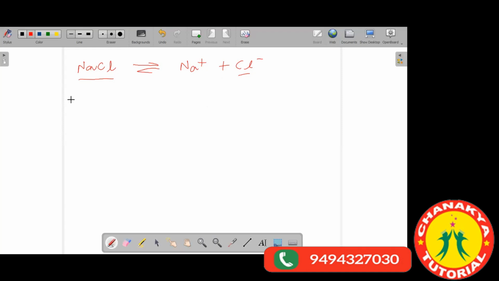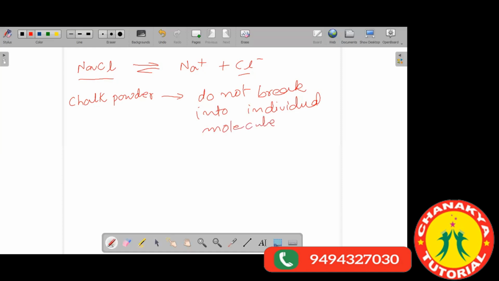But if I take chalk powder, the particles of chalk powder do not break into individual molecules. You do not have individual molecules here. A chalk powder particle is a cluster of molecules.